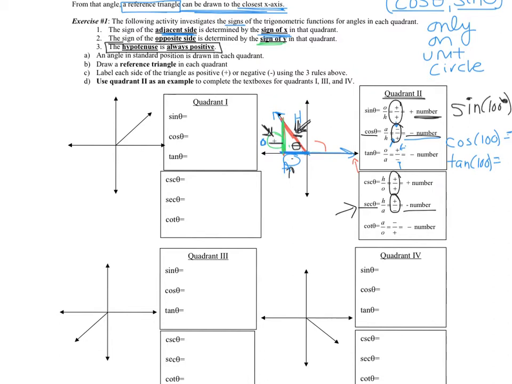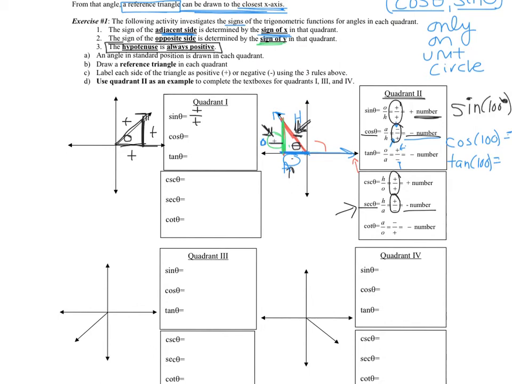So over in quadrant 1, here's a first quadrant angle. If I look at this, hypotenuse is always positive, and in quadrant 1, x and y are also positive. Positive forward, positive up. So sine is a positive over a positive number.